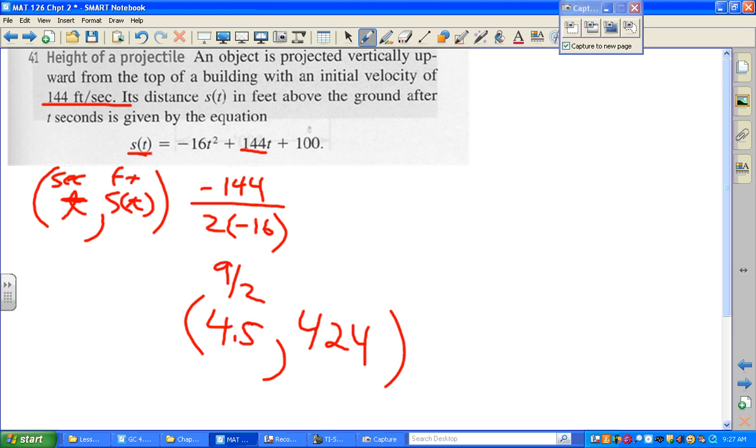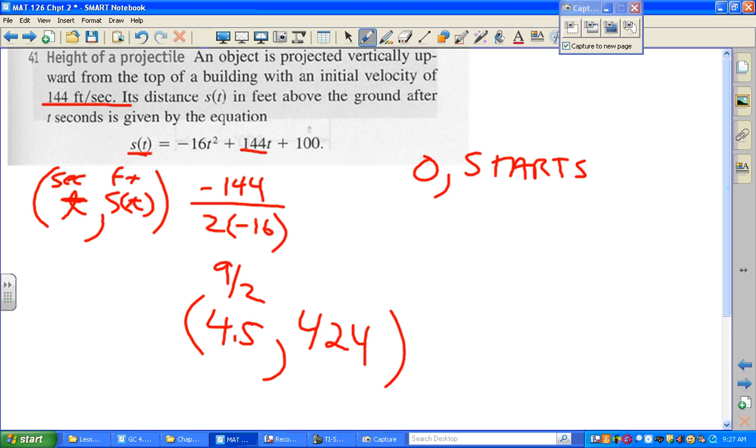Well, where's the object at when you start your little clock? At the top of the building. So what does T equal at the top of the building? 0. What do you get if you put 0 in? That's how tall the building is. At time 0, the object is 100 feet above the ground because it's on the building. You put in 0. That's where it starts.